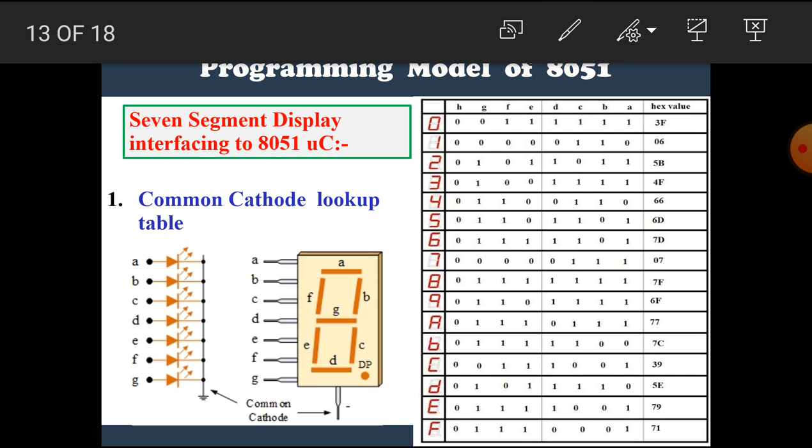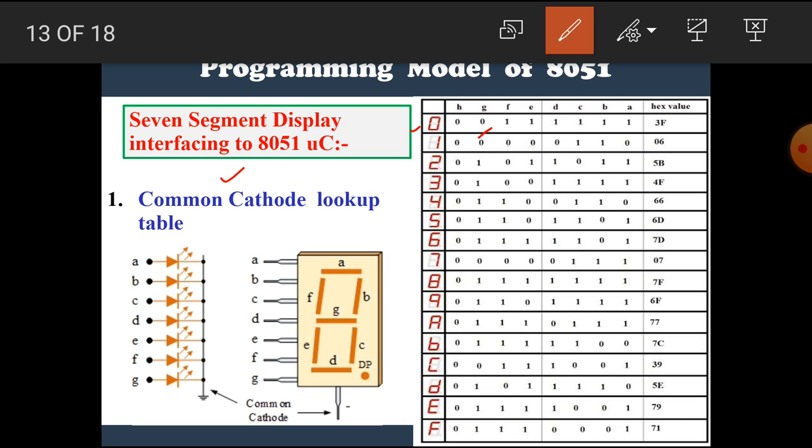Here is the lookup table or the truth table for the glowing of the characters. First is the common cathode lookup table. If we want to show 0 on common cathode, then segment H and segment G should be 0.